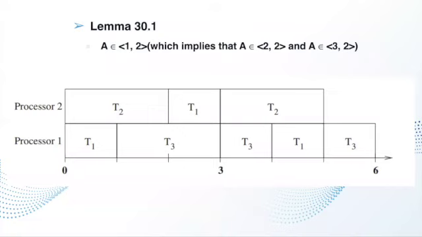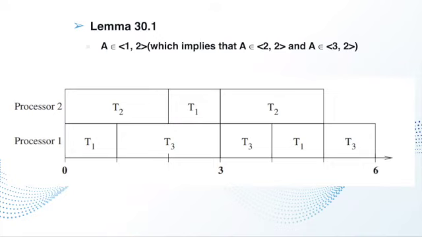Now for lemma 30.1, consider the (1,2)-restricted algorithm. T2 has higher priority than T1, which has higher priority than T3. Restricted migration is permitted. For example, each job must execute on only one processor, but different jobs may execute on different processors.